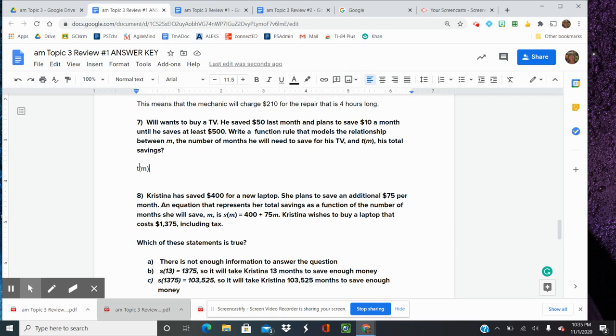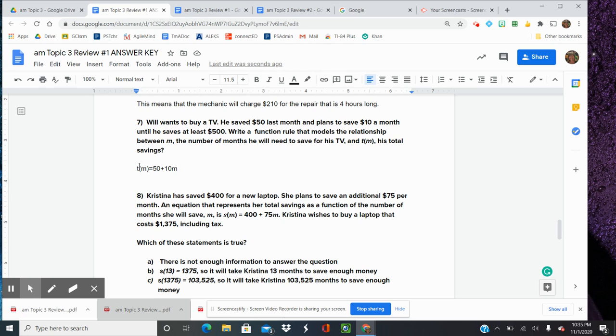So if I am going to write an equation that shows this, T of M is equal to the 50 that he saved initially, plus $10 per month. And it turns out that this idea about saving $500 is kind of useless in the situation.